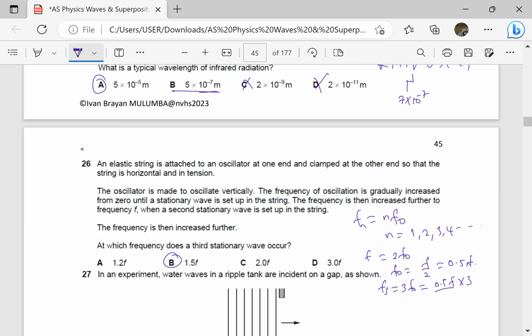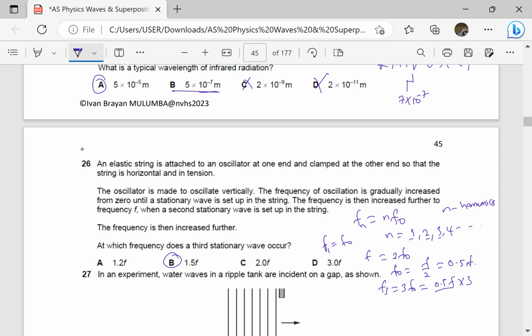May I use the simple method? Because for a string, all harmonics are present. That's why I used n. The frequency is n times f naught, where n is the harmonic. All harmonics are present for a string, like for an open pipe. That's why n is equal to 1, 2, 3, and so on. For the first, n is equal to 1, so f1 is equal to f naught.